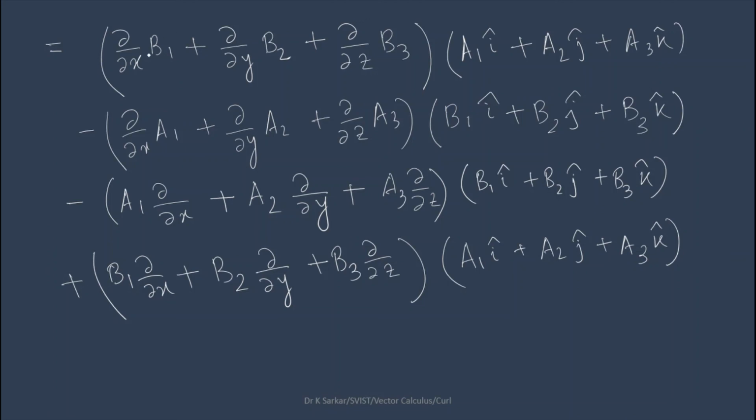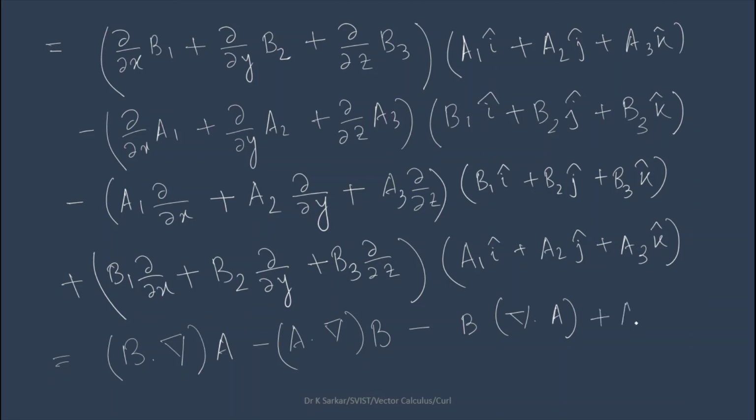Now we can write this as (B·∇)A minus, this can be written as (A·∇)B, then minus, this can be written as B(∇·A), and this can be written as plus A(∇·B).